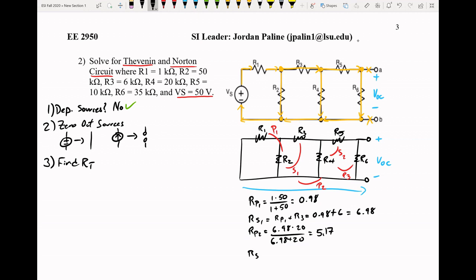And R series 2 will be 5.17 plus R5, which is 10, so 15.17.